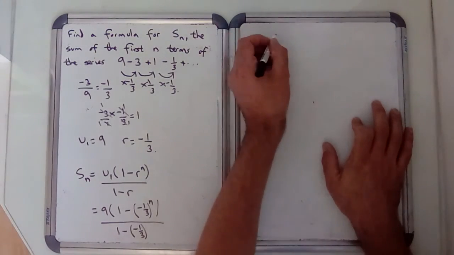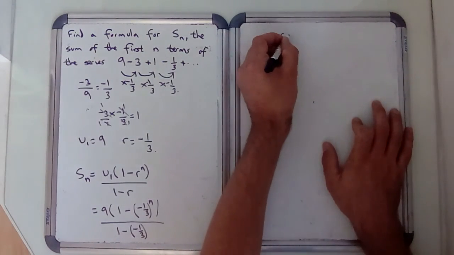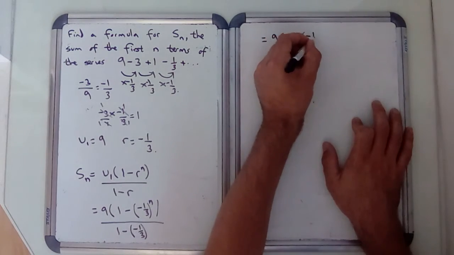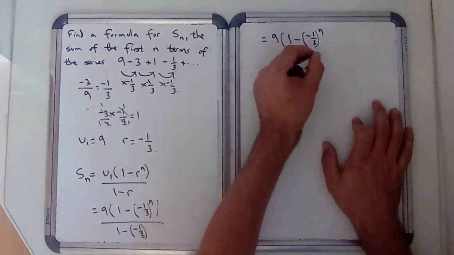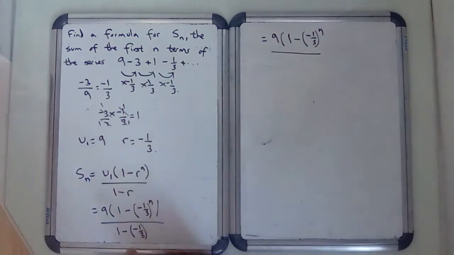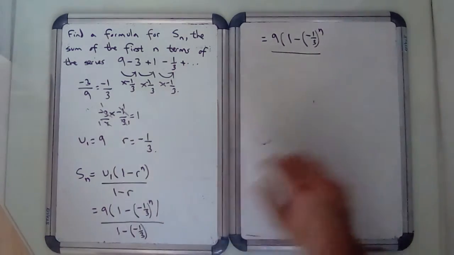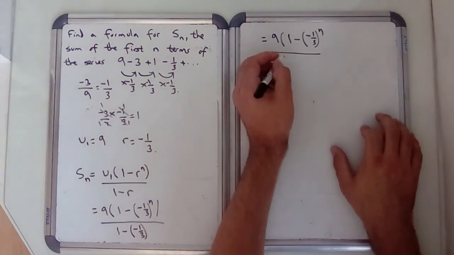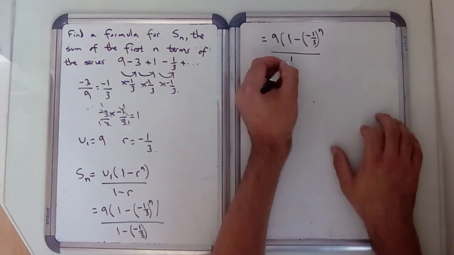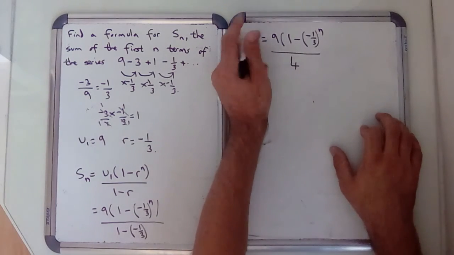So equals 9 times 1 minus minus 1/3 to the n, over, well, 1 minus minus 1/3 is the same as 1 plus 1/3. So that's 1 and 1/3, which is 4/3. So it's divided by 4/3, which is dividing by 4 and timesing by 3.